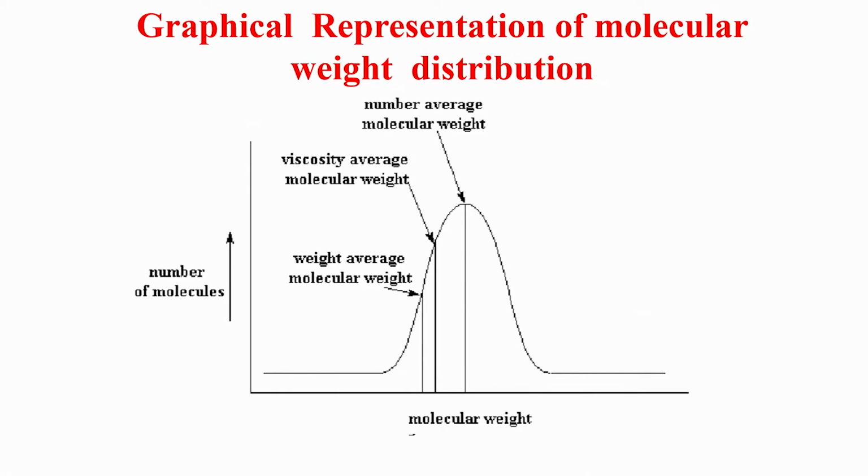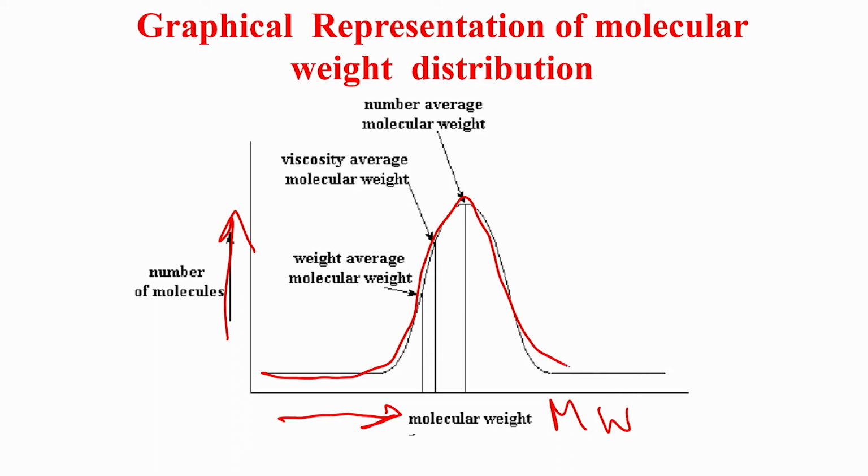What you see here is the number of molecules plotted along the y axis, and molecular weight plotted along the x axis. In this particular graph, the mean of the graph is essentially your number average molecular weight, that is Mn, and Mw is your weight average molecular weight, that is here, and their viscosity average molecular weight, that is M eta.